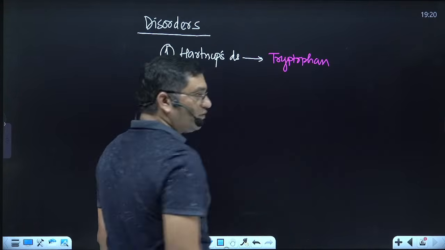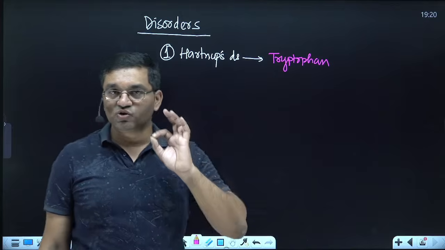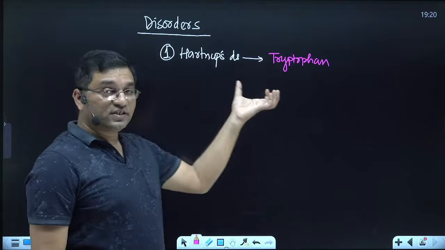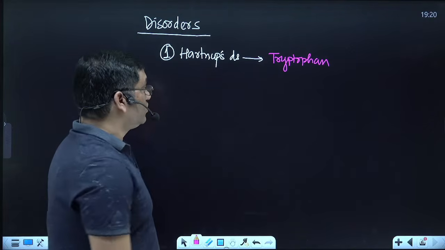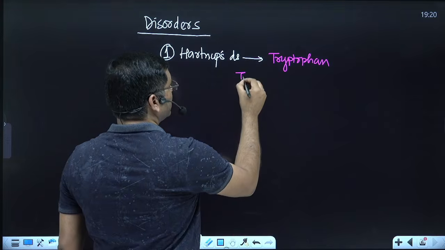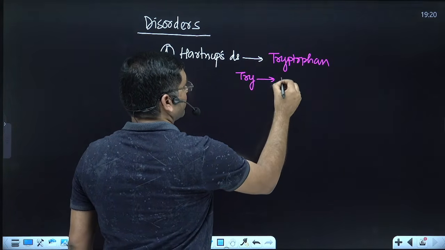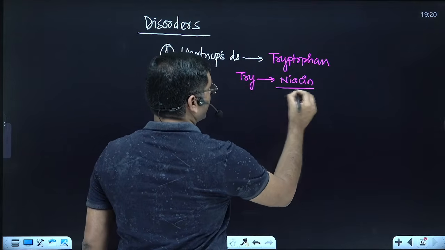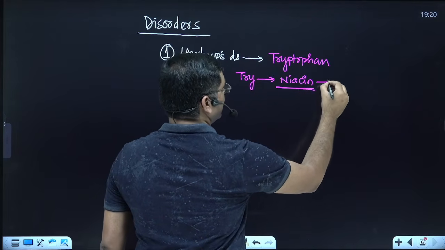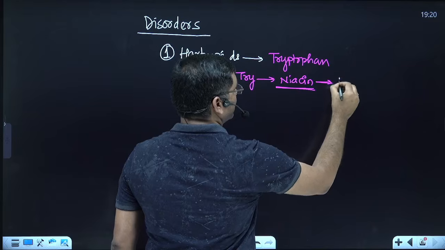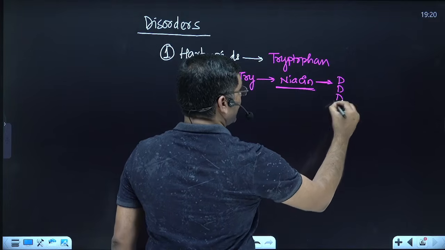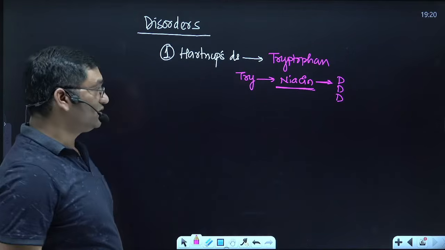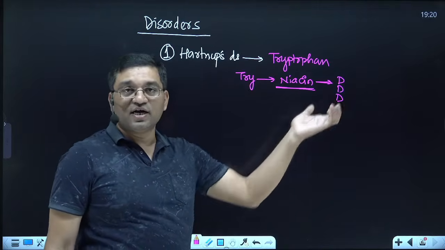Mainly tryptophan, other neutral amino acids are also affected, but tryptophan is the major concern. Tryptophan in our body is converted into niacin. When there is defective absorption of tryptophan, it affects niacin, and it will manifest as pellagra, the classical 3Ds: diarrhea, dementia, and dermatitis. These are the symptoms in Hartnup disease.